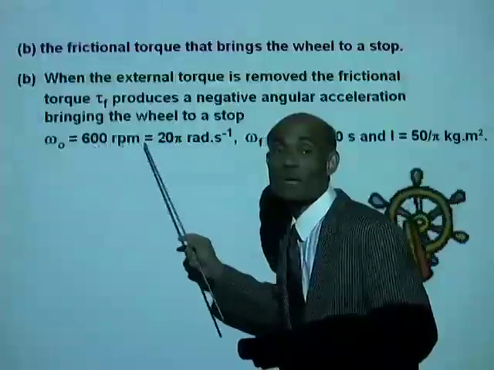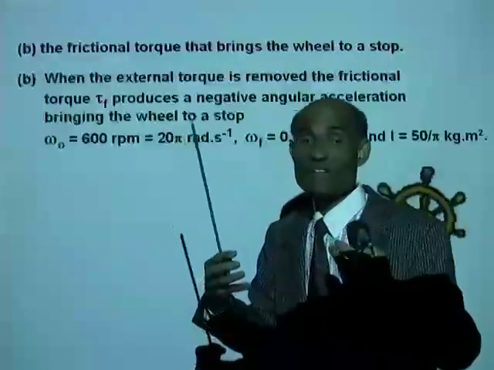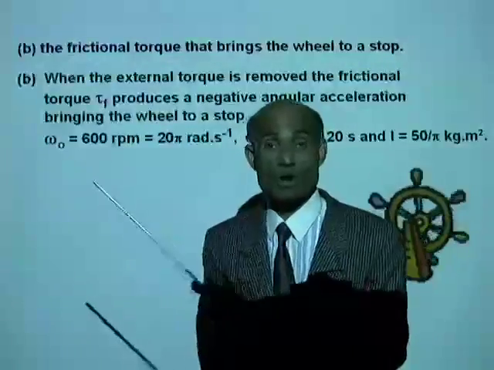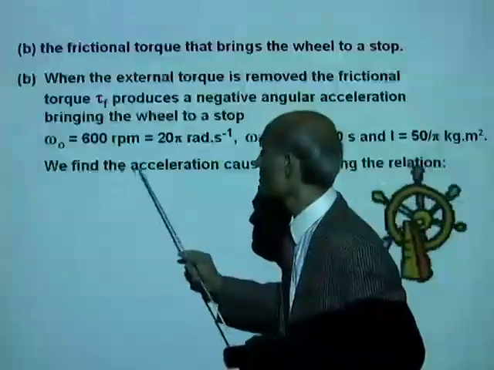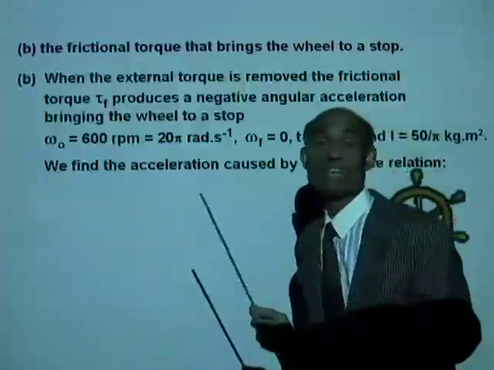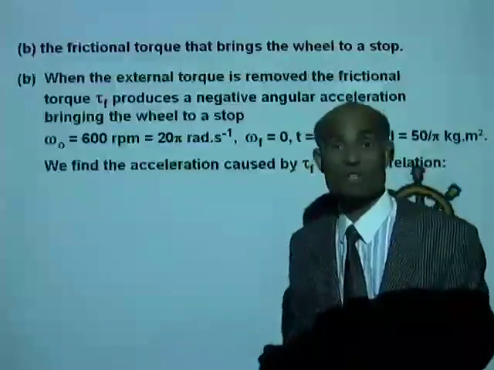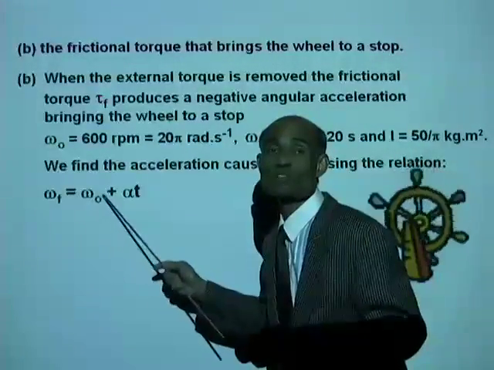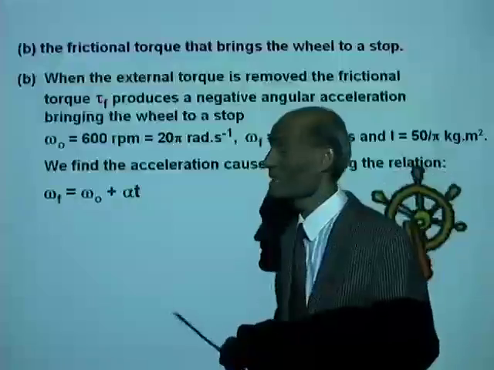We have enough information here to find the acceleration produced by the frictional torque. So we first find the acceleration caused by that net torque applied by the friction. And how do we do that? Omega f equal to omega 0 plus alpha t.